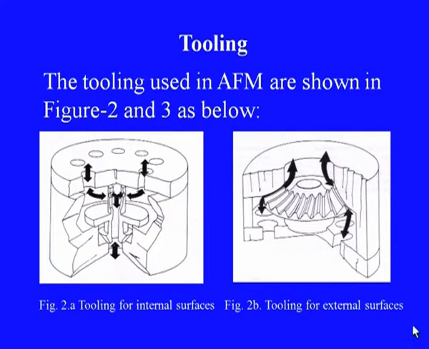Here are some schematics of tooling. So, this is how a tooling is designed. Of course, this one is for internal part finishing and this one is for external finishing of the parts. This is the part to be finished, these are the surfaces to be finished, and this is the media flow which contains the abrasive materials, and while passing through this causes abrasion on these surfaces and thereby improves the finish of these surfaces.